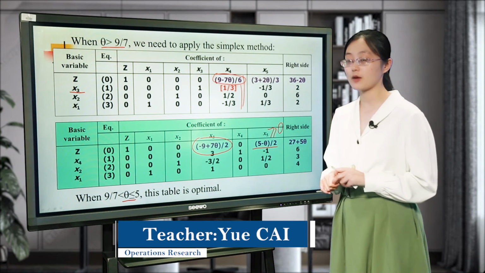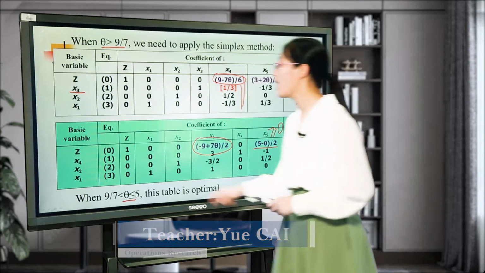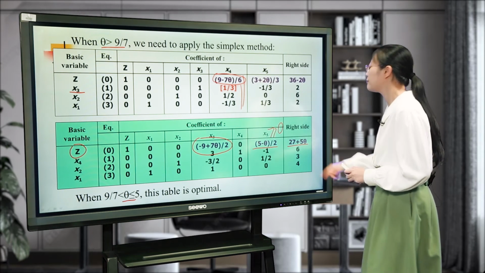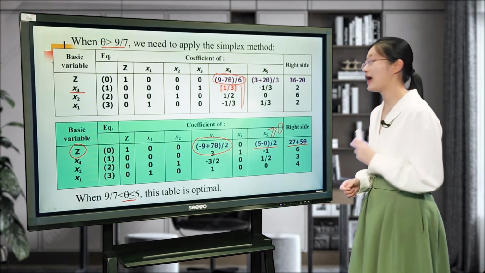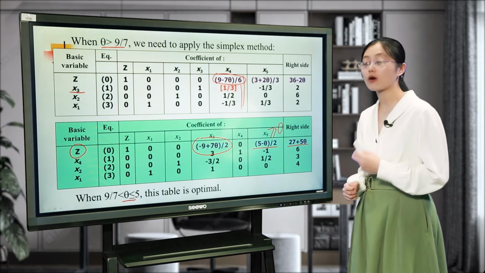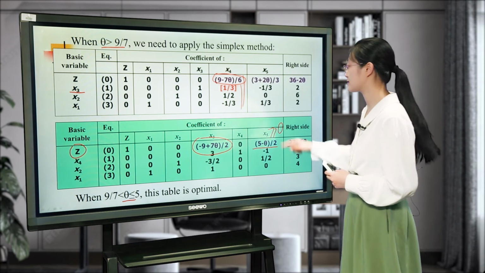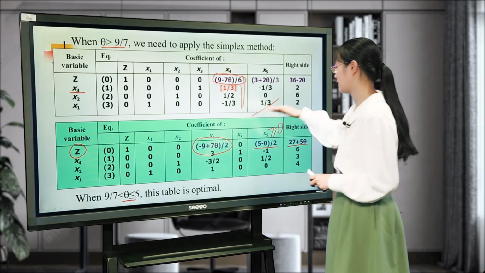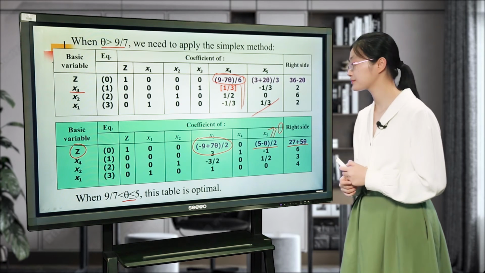This table is optimal, and at this point, our objective function is measured by 27 plus 5 theta. So as theta increases, our objective function also increases at a rate of 5. So it's roughly like an increasing straight line.